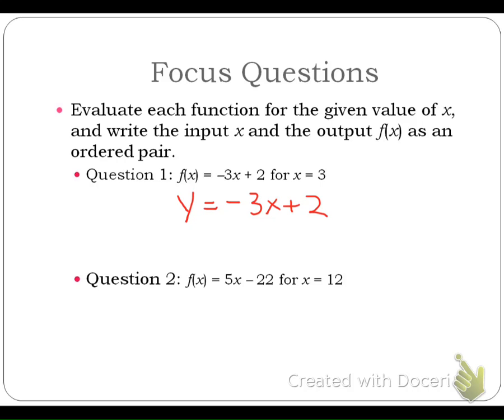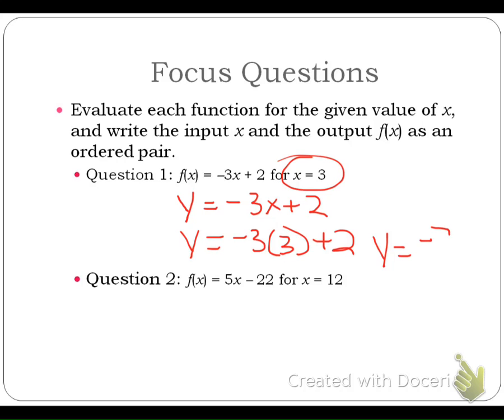And I want to know, what is y equal to when x is equal to 3? Well, y is equal to negative 3 times 3 plus 2. And we've already solved that. We said that y then is equal to negative 7.